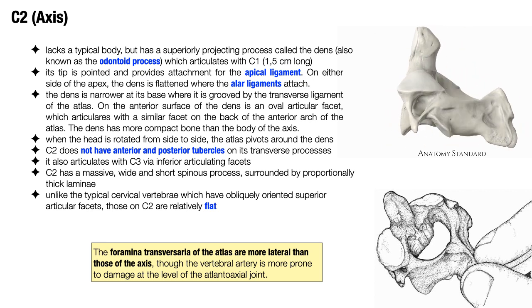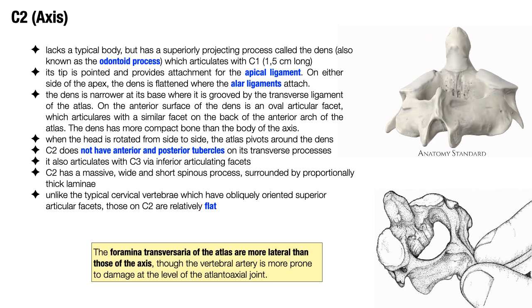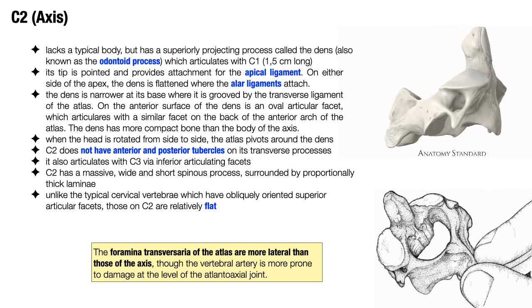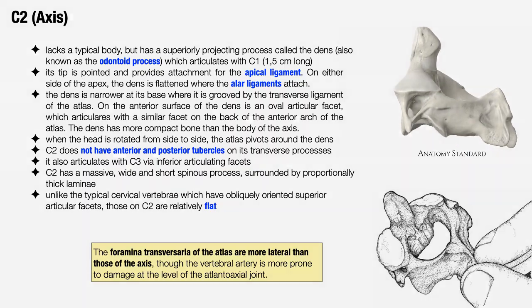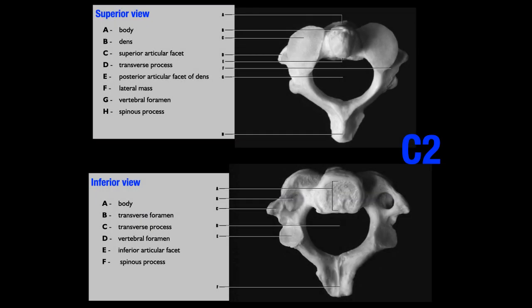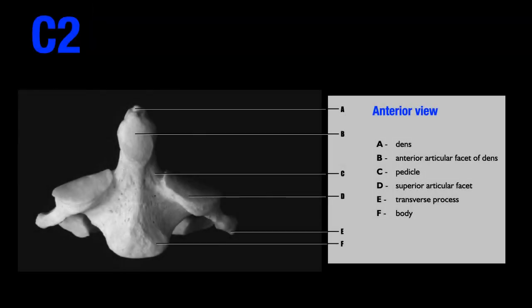Inferiorly, the axis has inferior articular facets for the next vertebra, which is C3. And here you have the real picture of the axis with its characteristics. All right, so here you don't see much difference, because here in this anterior view is where the dens is so evident.